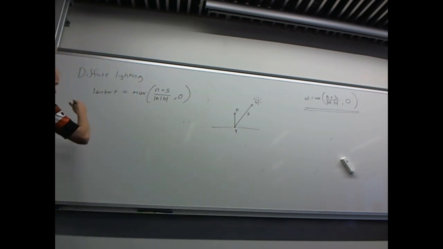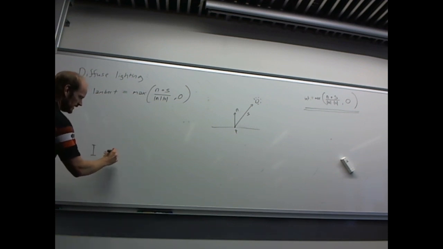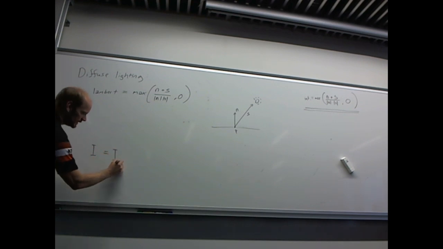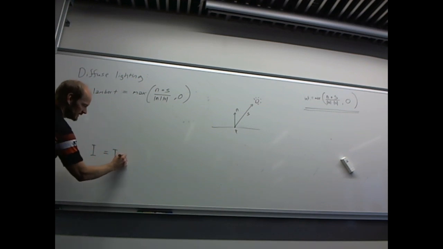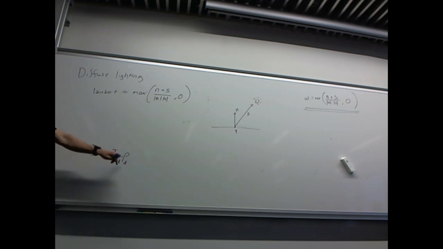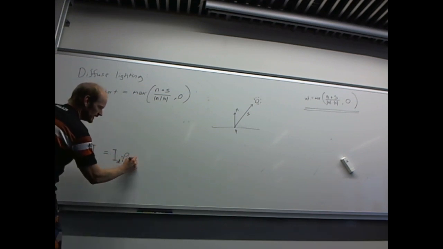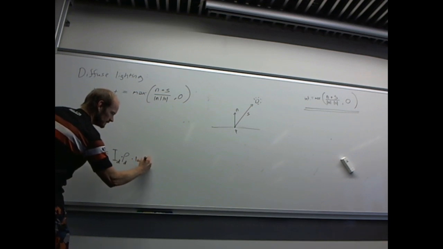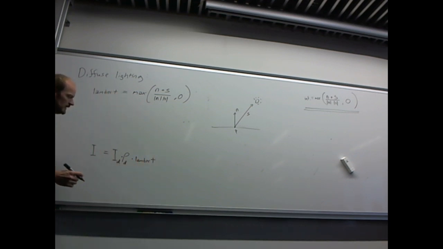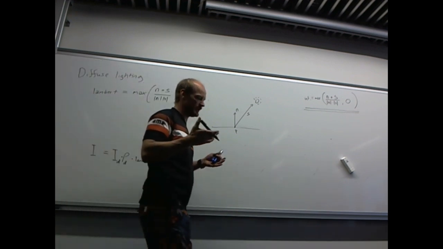So we're going to say our intensity equals the intensity or diffuse intensity of the light times, I'm going to call here the diffuse color of the material, times Lambert. And this gives us the diffuse color factor, or the diffuse part of the color.